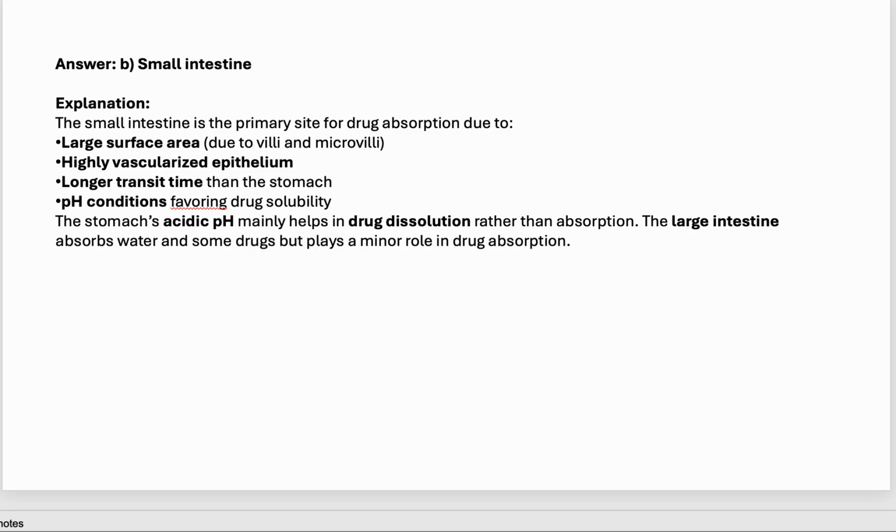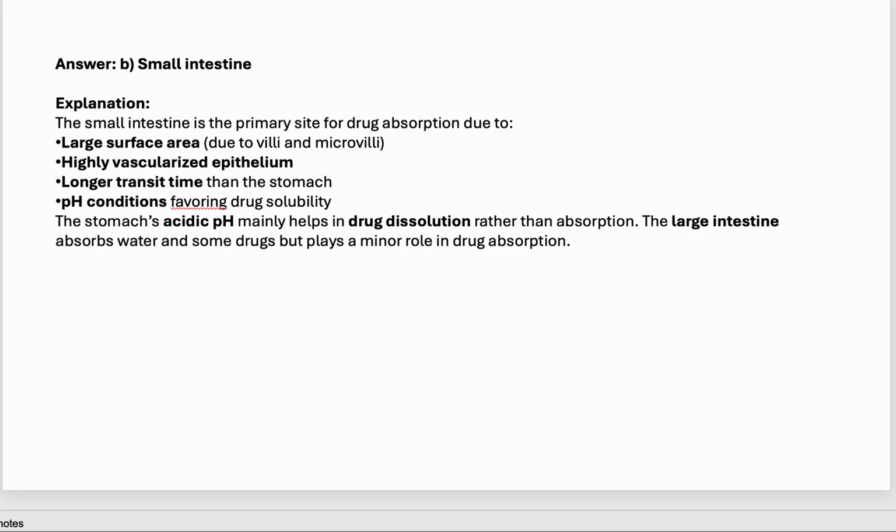It has a highly vascularized epithelium, and because it's so convoluted, it has a longer transit time than the stomach. And the pH condition is also favorable. In the stomach, the condition is mainly acidic. It helps in drug dissolution, but absorption is mainly in the small intestine. The large intestine absorbs water and some drugs, but it plays a minor role in drug absorption.